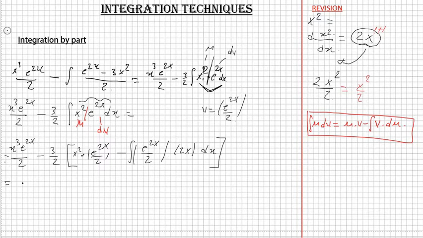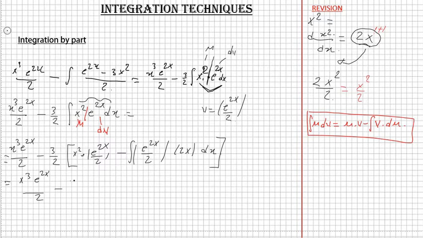So that gives x³ e^(2x)/2 minus. I can multiply this constant with the terms in the bracket.